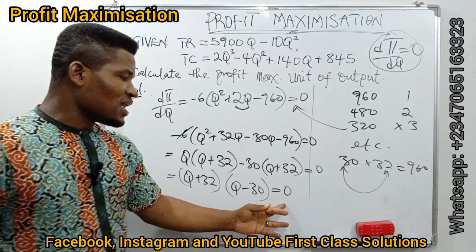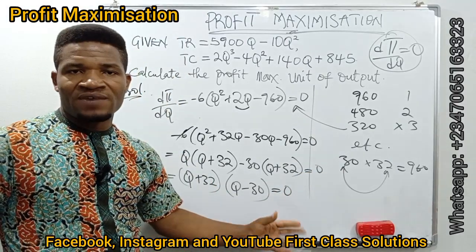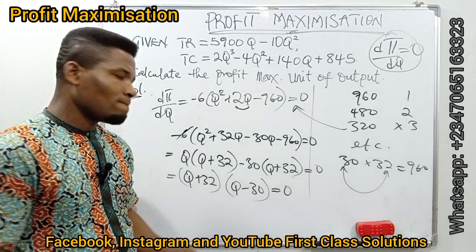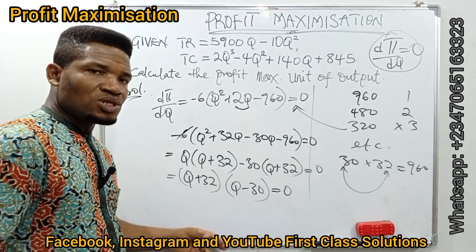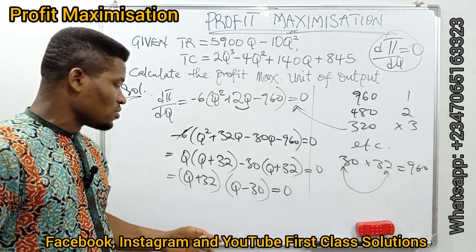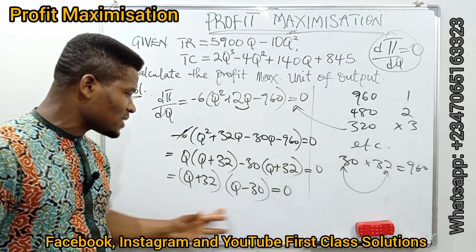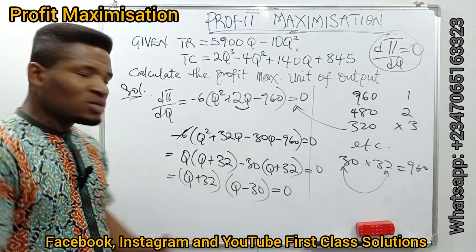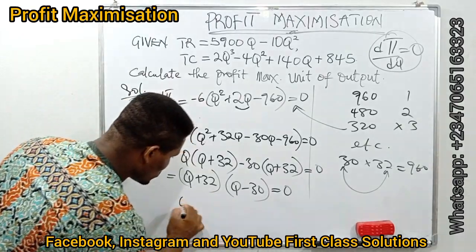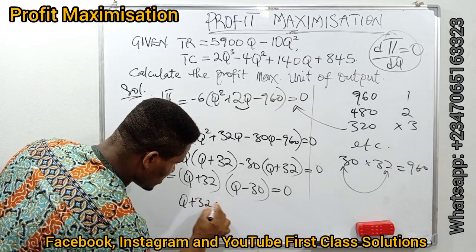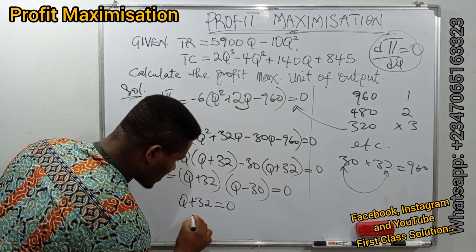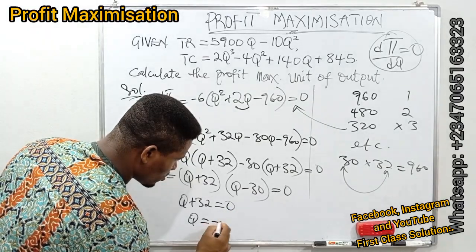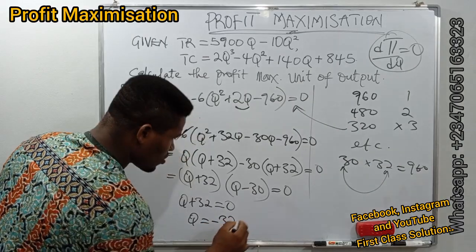Now, having attained this level, when two values multiply themselves to give us 0, either one of them is 0 or both are 0. So in this case, let's say our q plus 32 is equal to 0. This means our q will be: take 32 to the other side, it becomes 0 minus 32, which is minus 32.